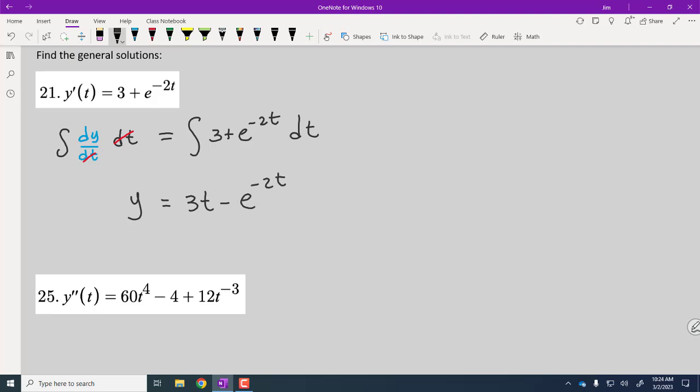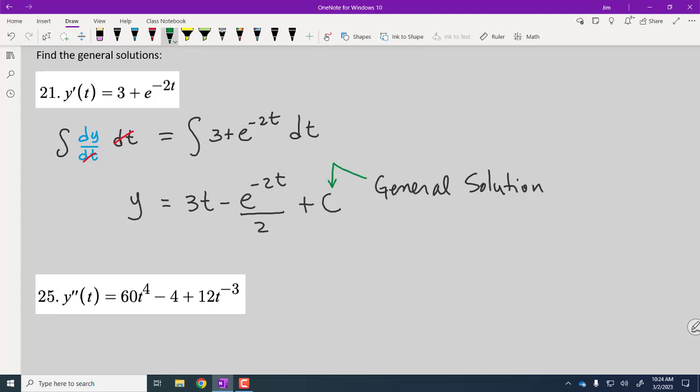The integral of an exponential is itself divided by the derivative of the exponent. And then we have our constant of integration. So this is a general solution. Maybe I should say the general solution. It's called general because we have this c.